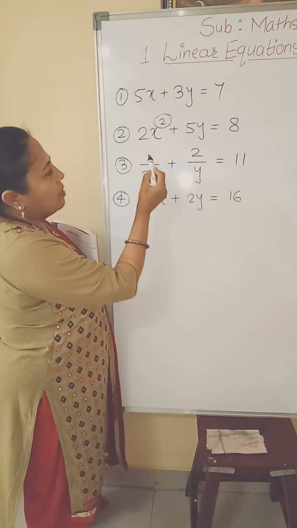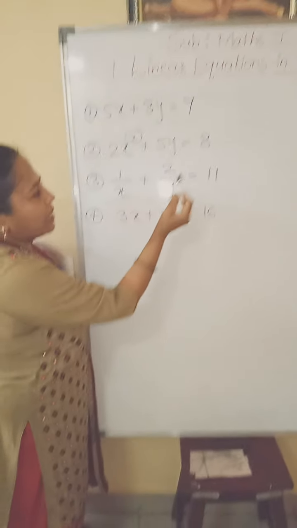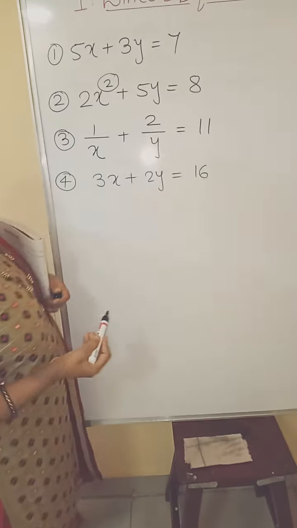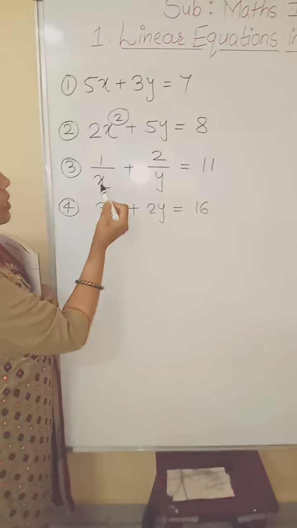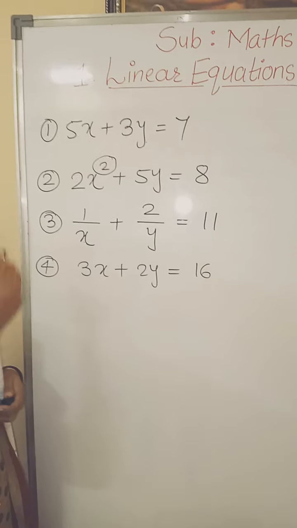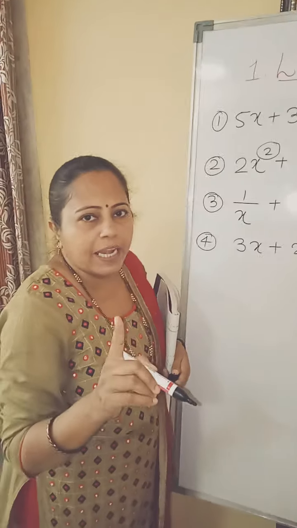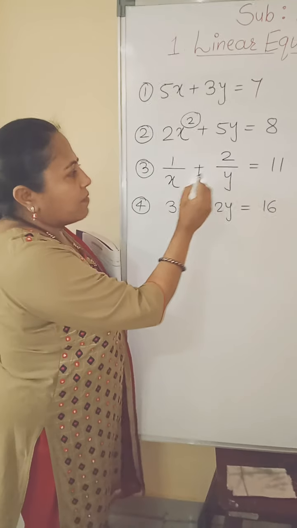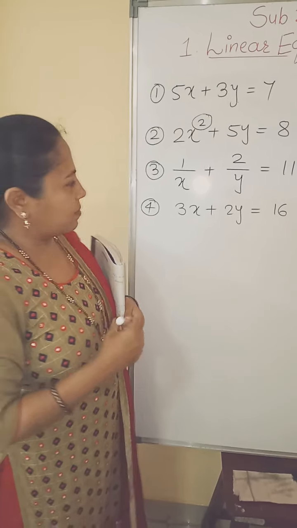Third equation, 1 upon x plus 2 upon y is equal to 11. Now these variables are in the denominator of these terms. If you take them in the numerator, according to laws of indices, they have the power -1. So this equation is also not a linear equation.